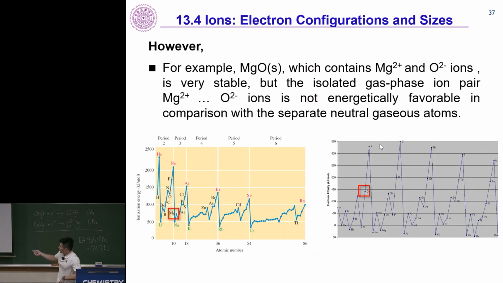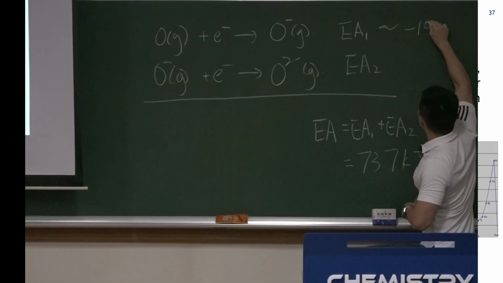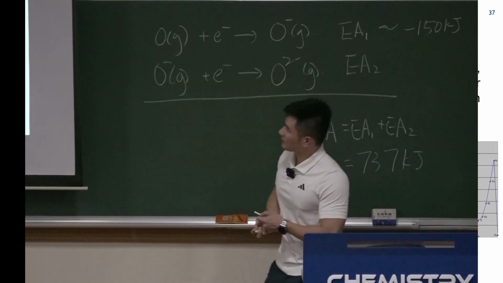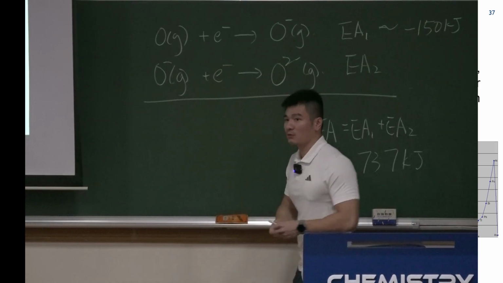If you look at our chart, the first electron affinity for oxygen is about minus 140. Right? So that means EA1 is about minus 150, just by reading out of this chart here. So you quickly realize something really weird.